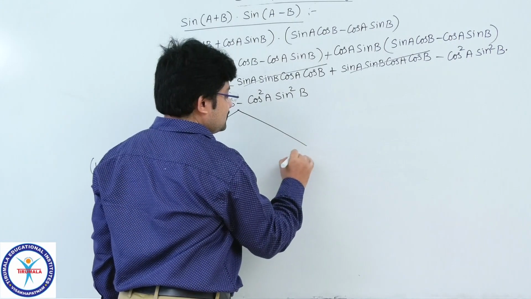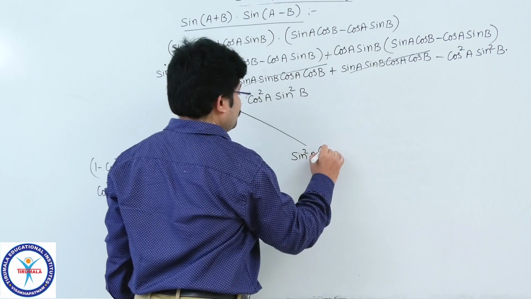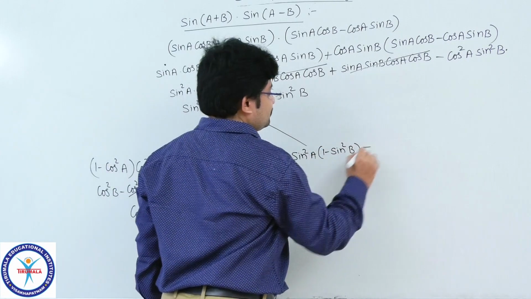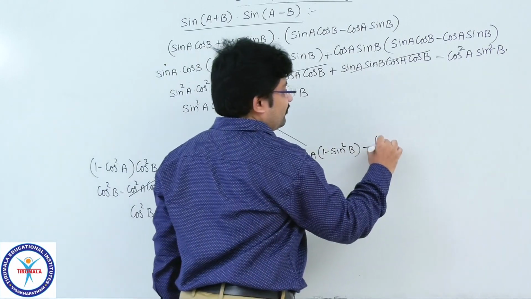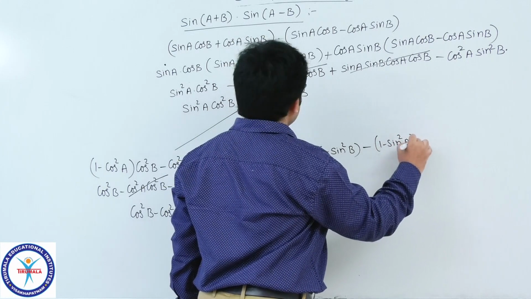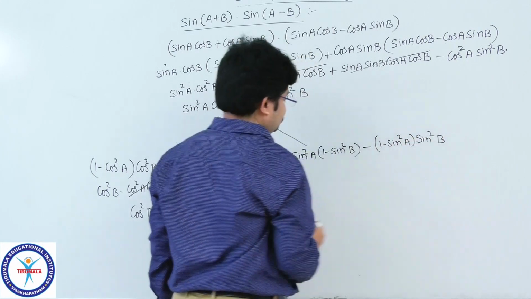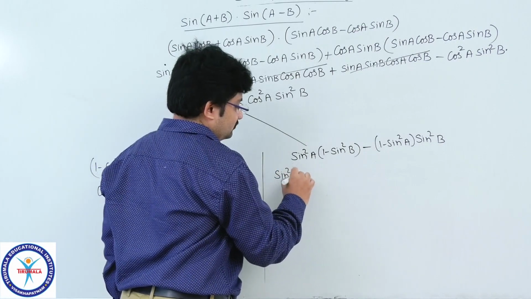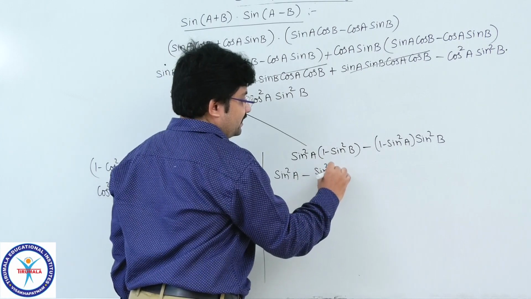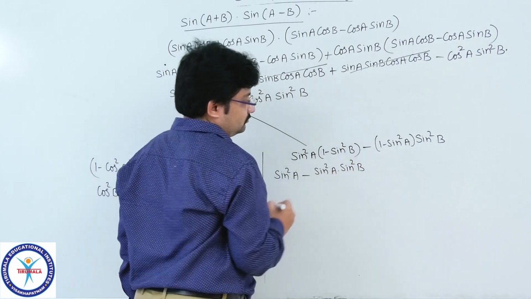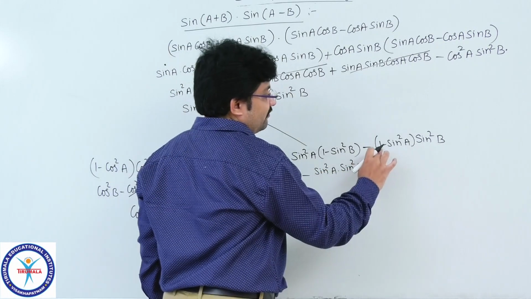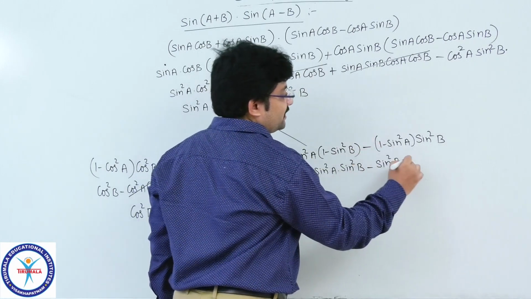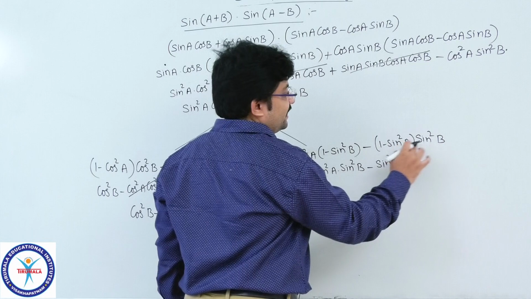It can be written as sin square A into 1 minus sin square B, minus 1 minus sin square A into sin square B. Now here sin square A into 1 is sin square A minus sin square A into sin square B, minus 1 into sin square B is sin square B, minus into minus plus sin square A into sin square B.